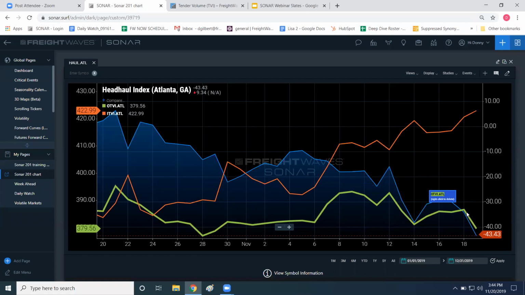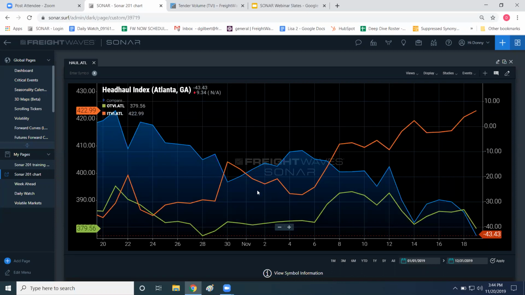And of course, when you have more trucks than loads, it's going to push the rates downward. So the Headhaul market here, understand capacity, outbound minus inbound. And you can also compare the Headhaul Index, of course, with different types of markets.